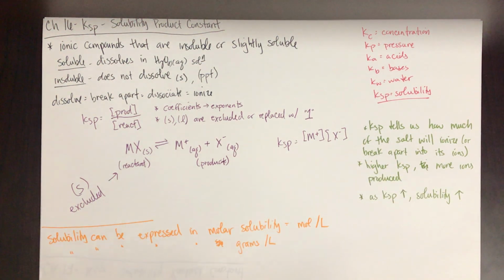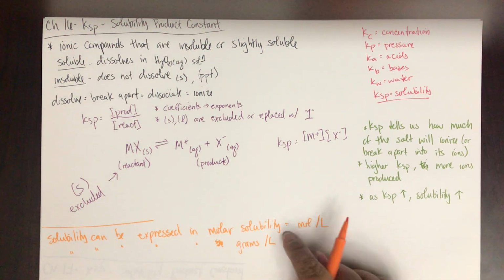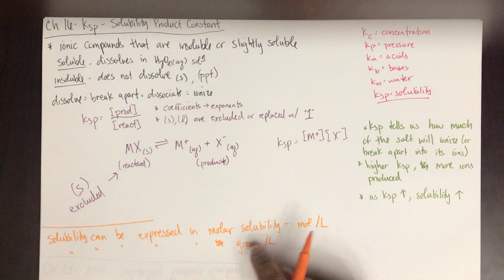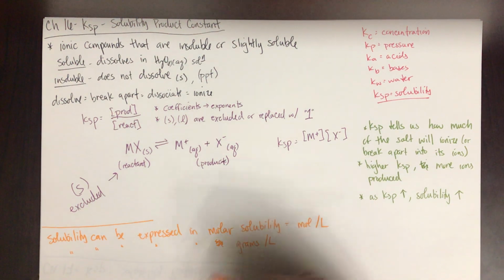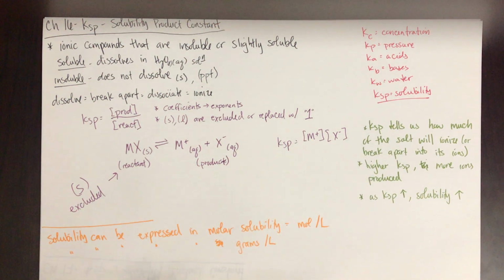If you see solubility in grams per liter, you would need the molar mass to convert moles to grams. We'll get into some calculations and examples of using Ksp when talking about solubility, but this is the background we need to know before we get into that.